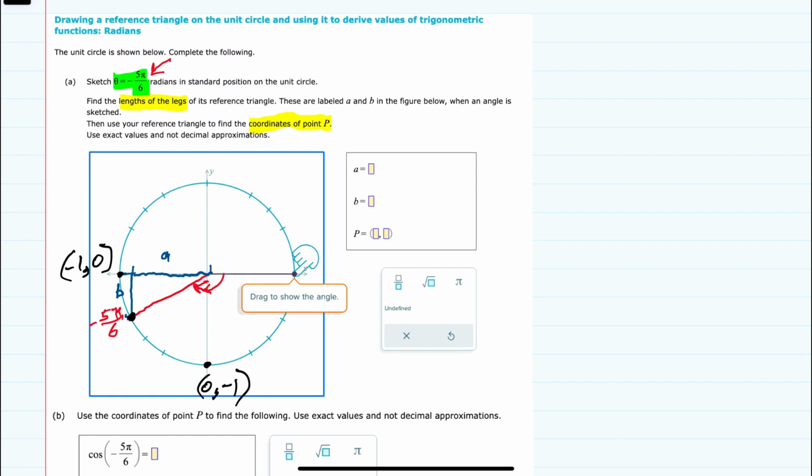And we've talked before about the pattern moving along these special angles that are indicated here with the tick marks, being a pattern of the square root of 4, 3, 2, 1 over 2, with 0 being the square root of 0 over 2.